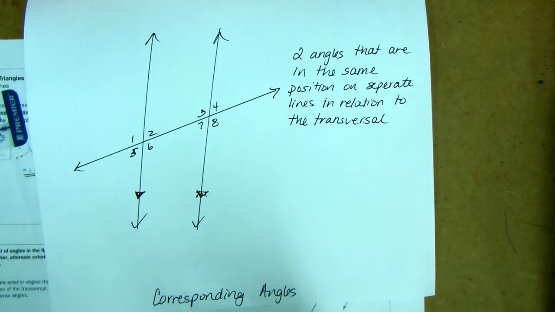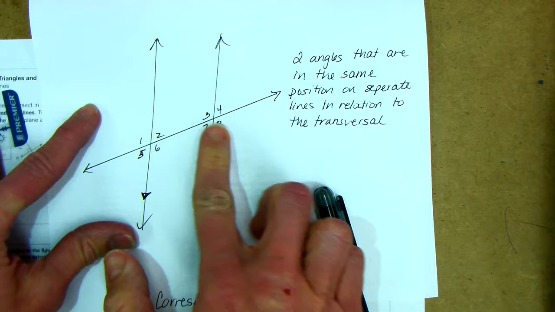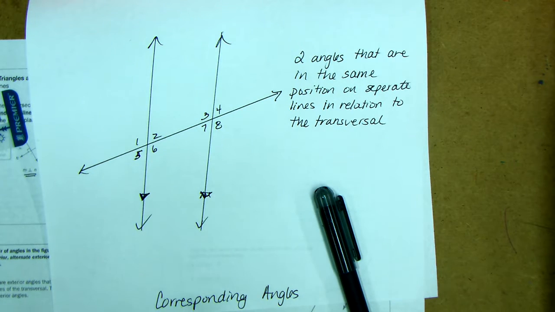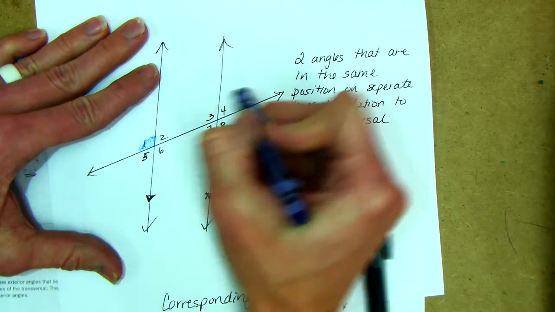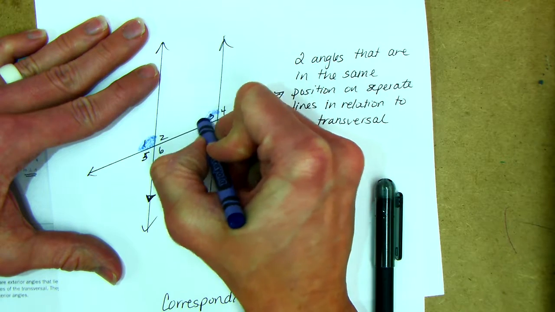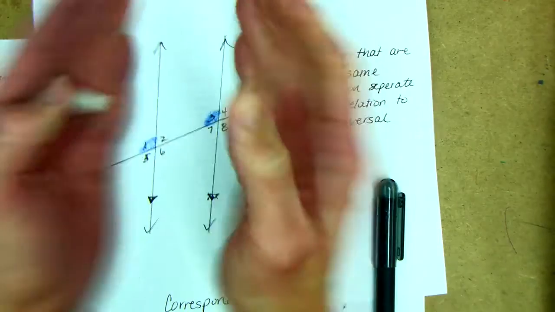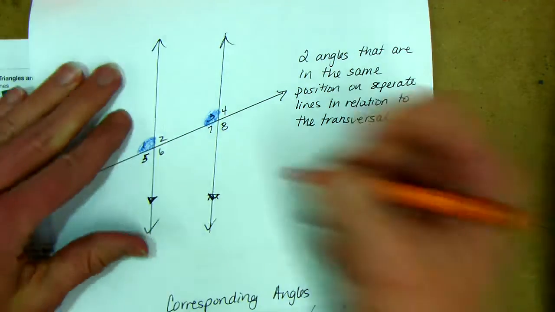What that means is, if you see this, you have this group of 4 and this group of 4, the angles that are in the same position. So for example, angle 1 is in the same position as angle 3. They are corresponding. They're on opposite lines, but in the same position with respect to the transversal.